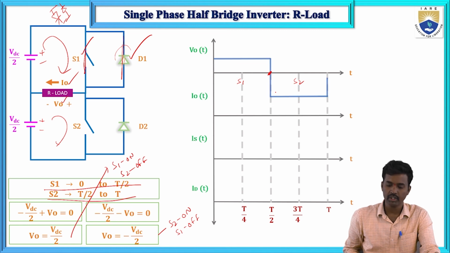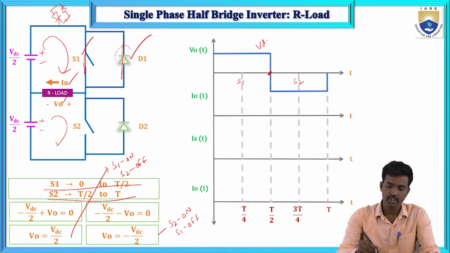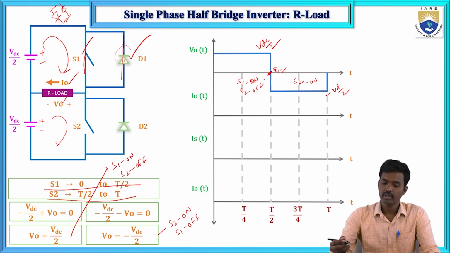So the output voltage is VDC by 2 and then minus VDC by 2. From 0 to T by 2 only S1 will be on and S2 will be off completely, and next S1 is off. So this is the output voltage.